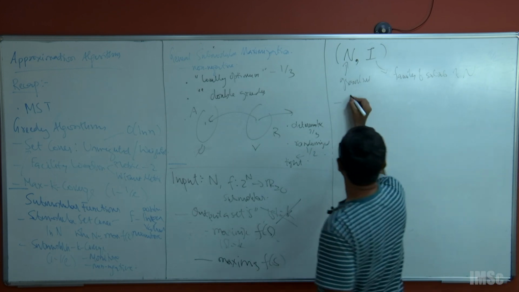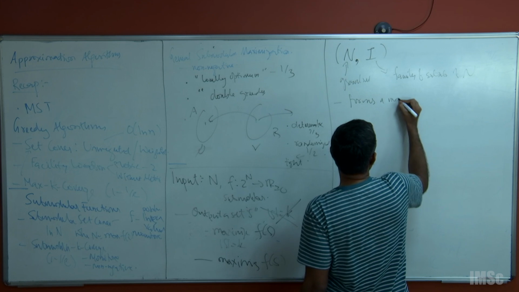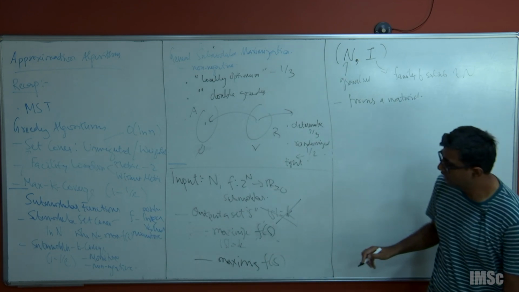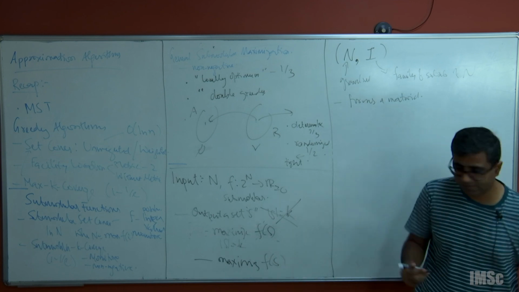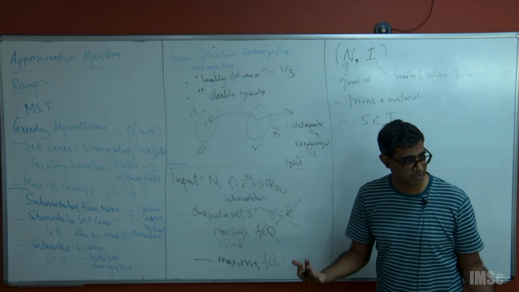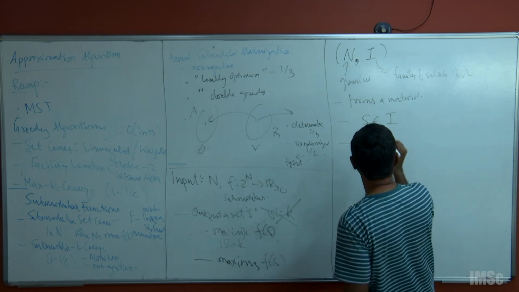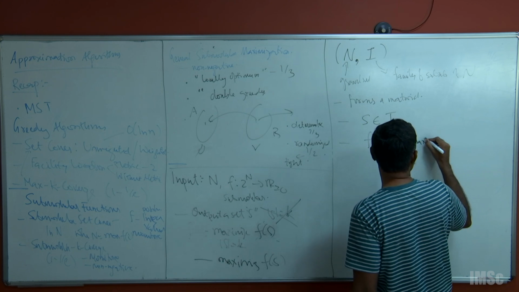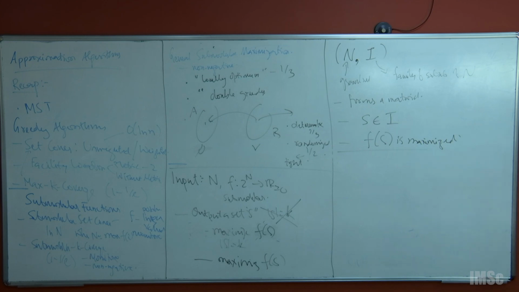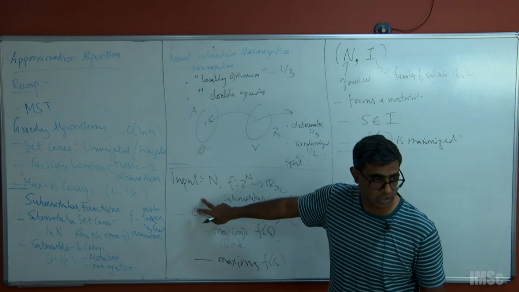Now I am not allowed to give you any set S, but a set S where the constraint is that S belongs to I, S is an independent set in my matroid, and given that constraint f of S is maximized. People have studied all kinds of things, there are more than I have told you, but this is one of the most important generalizations that people have studied. For example, how will I get back my old algorithm for this?